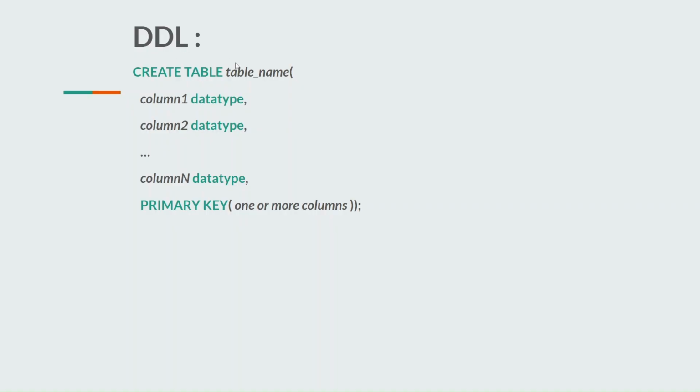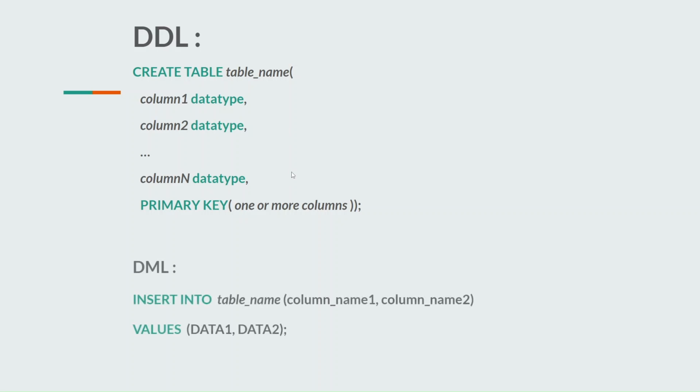But the skeleton is the same for the DDL structure. Similarly, for the DML, we can issue an insert command like this, where we specify the table name, the columns in which the insert operation would happen, and the data points. Here, for example, insert into the employee table, we specify first name, last name, and then we specify the data points. The data 1 will go to the column name 1 and data 2 will go to the column name 2.